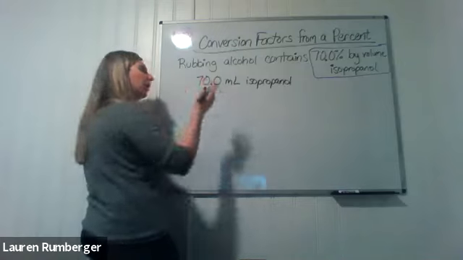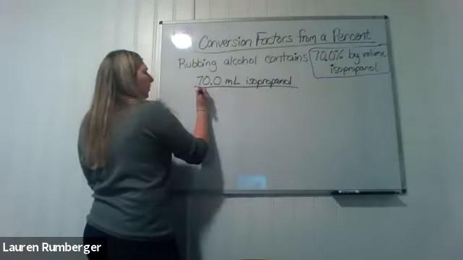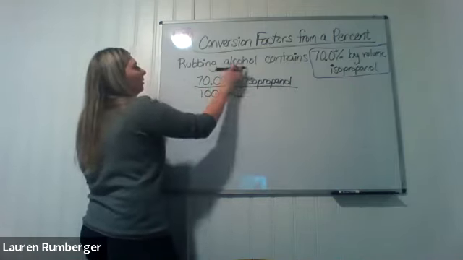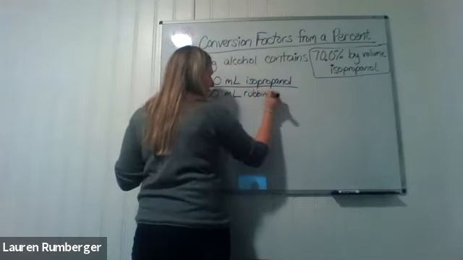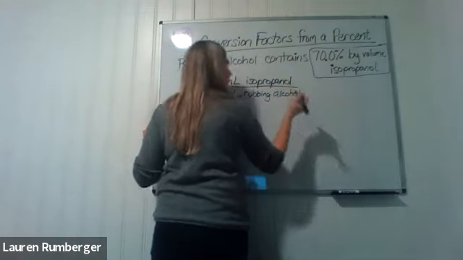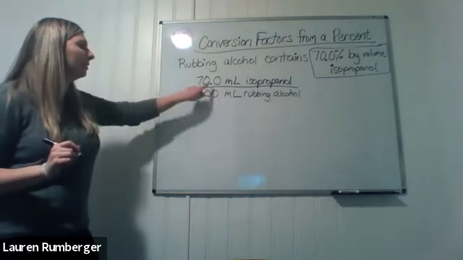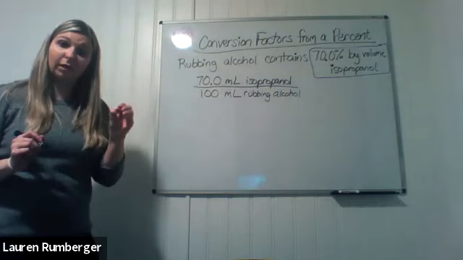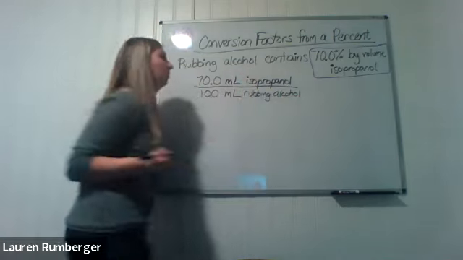Whenever we're saying per, that means that we're going to write it in fraction form. Okay, so for every 100 milliliters of rubbing alcohol, it contains 70 milliliters of the active ingredient isopropanol.